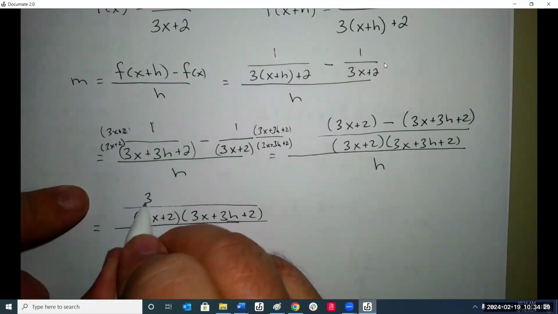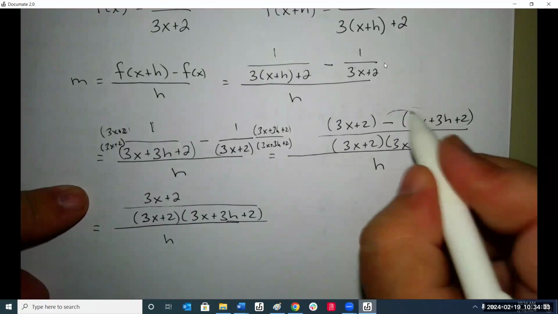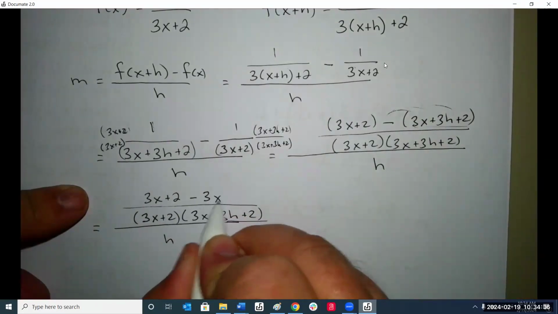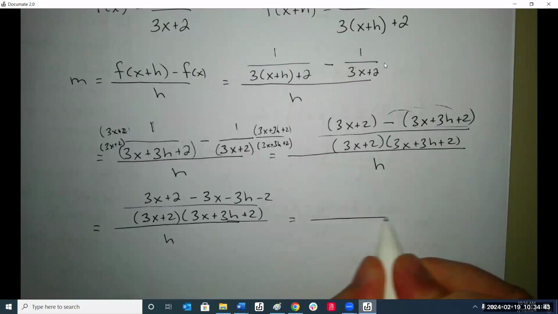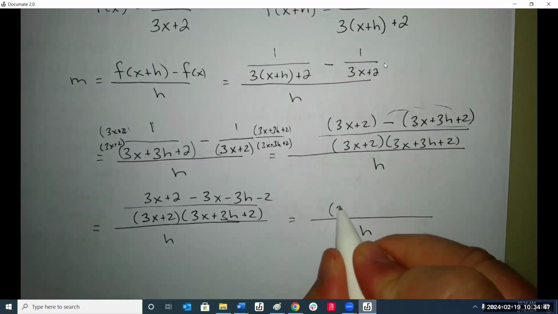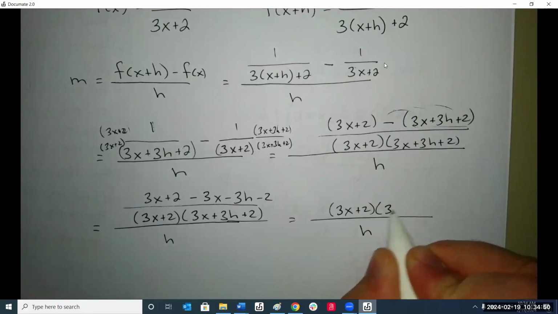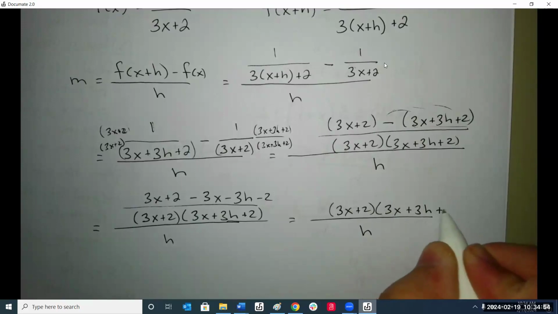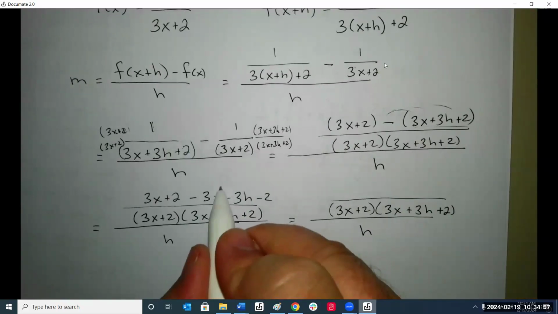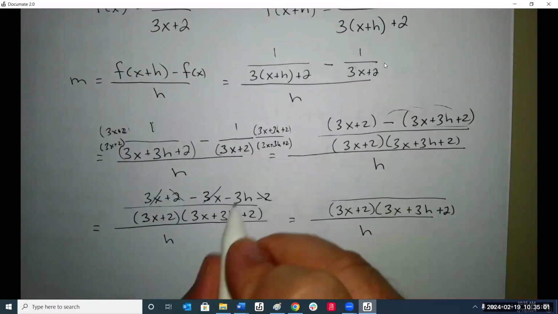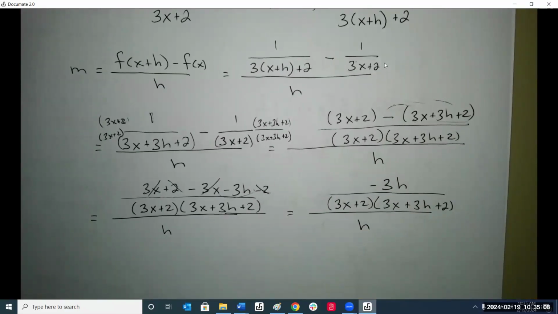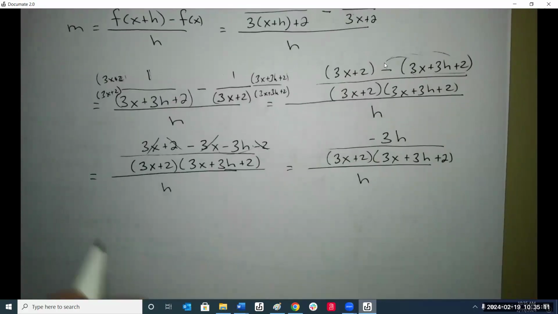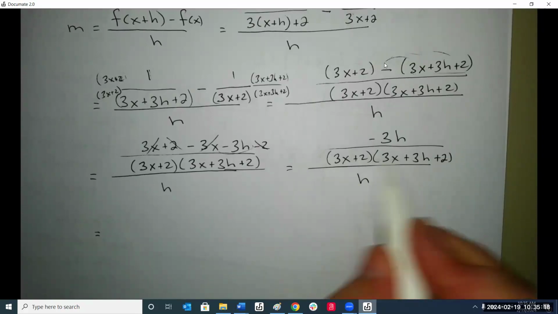We don't need the parentheses there, so we have 3x plus 2. This negative changes everybody's sign inside there: 3x minus 3h minus 2. 3x cancels, the 2's cancel, so all we have left is negative 3h on top. Okay, leave the bottom alone.